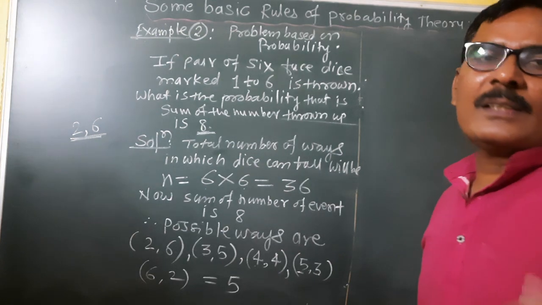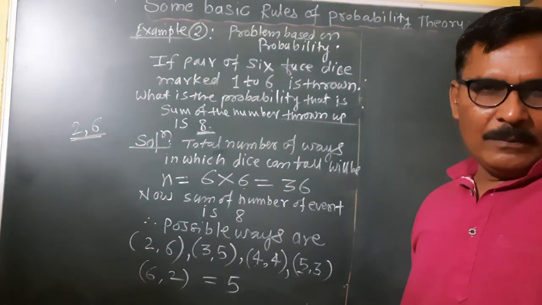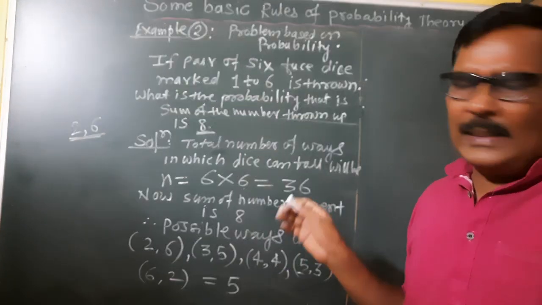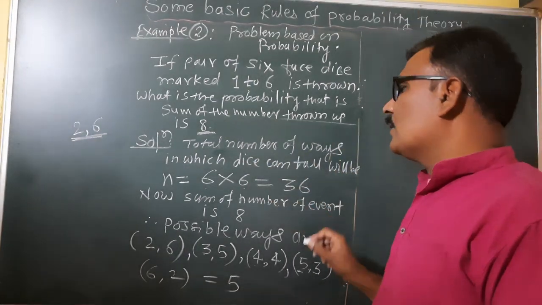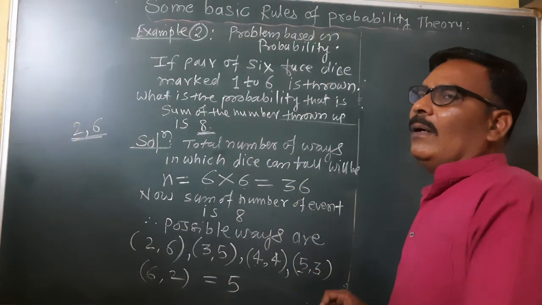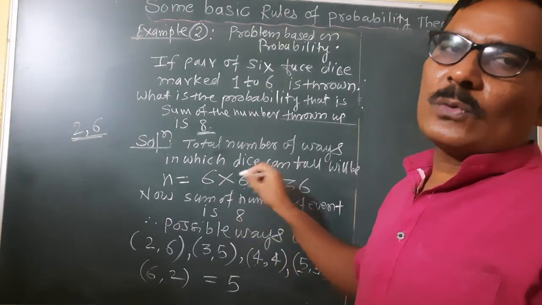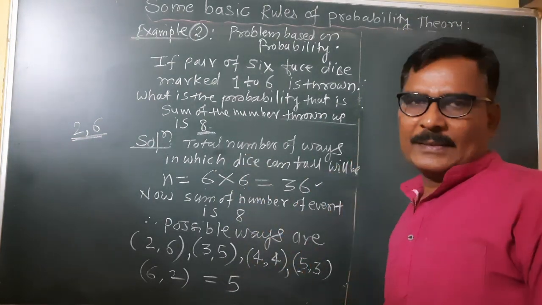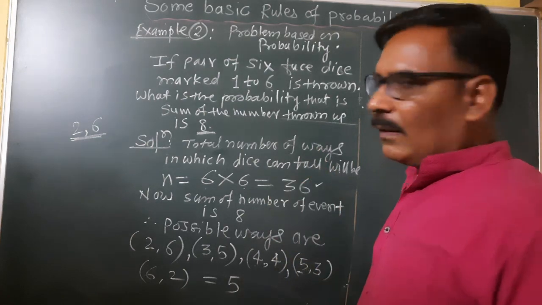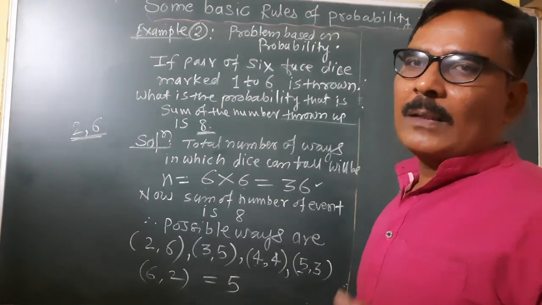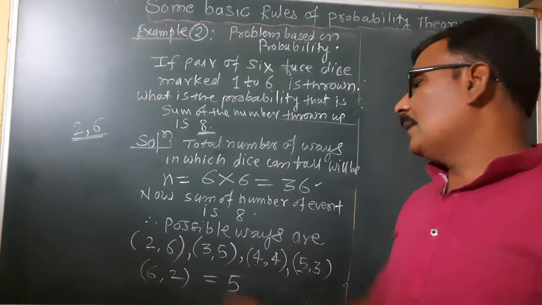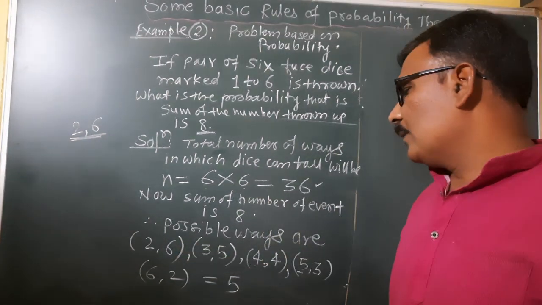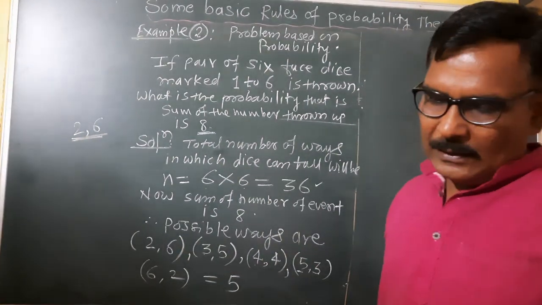Sometimes 6, sometimes 4, sometimes 3, whatever may be asked, first of all we find the total number of ways in which the dice can fall, that is n is equal to 6 into 6, that is 36. And for the sum of the numbers, the possibilities for 8 are 5 ways.